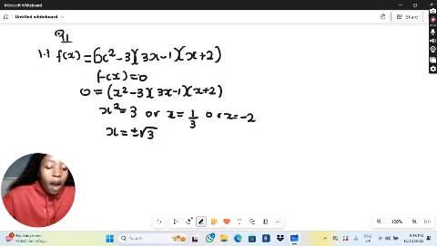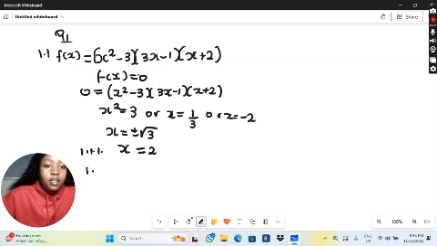So our first question on 1.1.1, we are asked to find x if it is an integer. So our answer here, we have x is equal to 2, right?